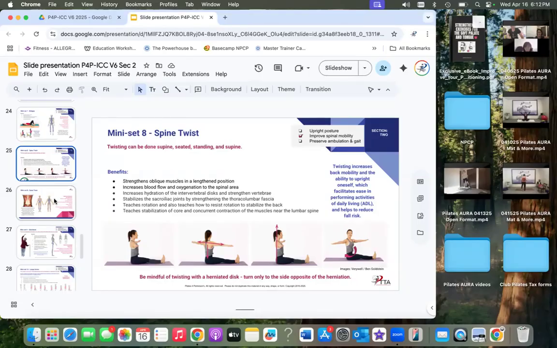This CSF, cerebral spinal fluid, is propelled along a neuro axis. So as you're walking and this thing's twisting and it twists opposite, it's actually creating a pumping mechanism, a way to circulate that spinal fluid better, right? Spinal twists are the same way.